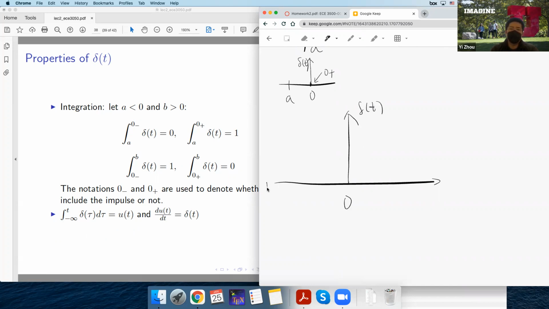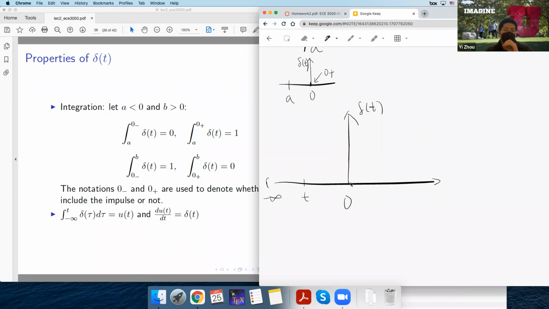So you start from negative infinity and you are integrating this impulse function, over negative infinity to a time t. Now, if this t is negative, then there's nothing here for the impulse function, so you always get a zero integration.